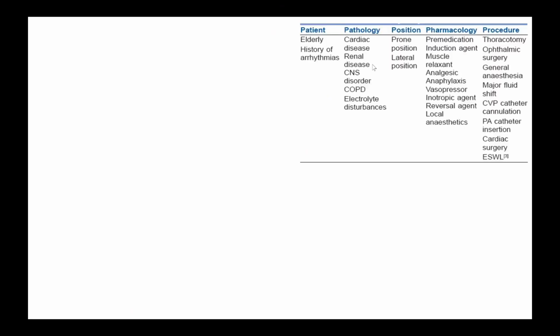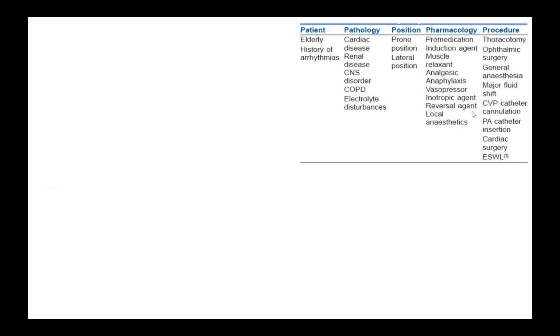Now this is another way of presenting the same thing. Patient characteristics, pathology, the position. Sometimes a change of position can induce an arrhythmia, like prone position or lateral position. And the pharmacology, like drugs, both anesthetic agents as well as cardiovascular agents like vasopressors, inotropic agents, even reversal agents, local anesthetics.